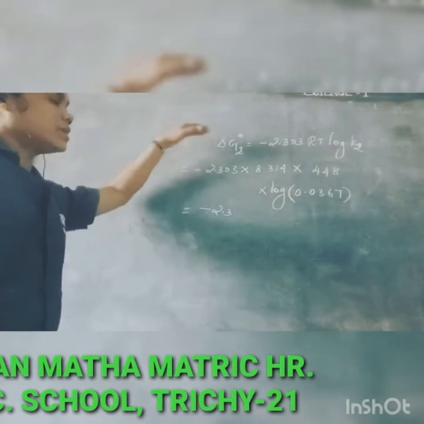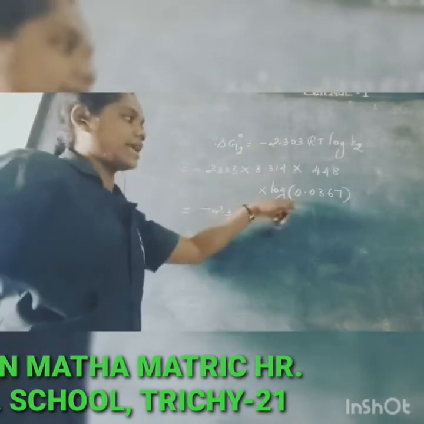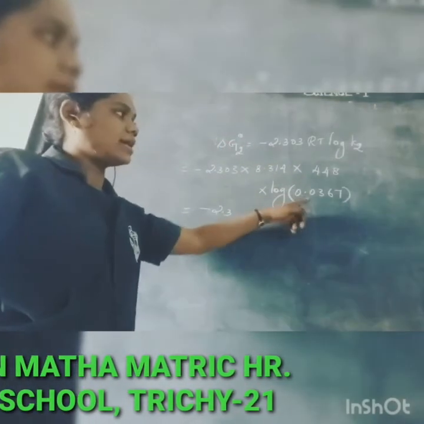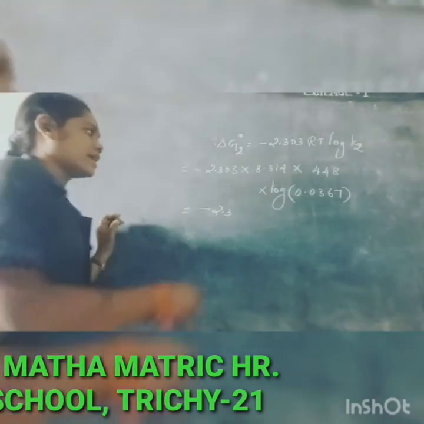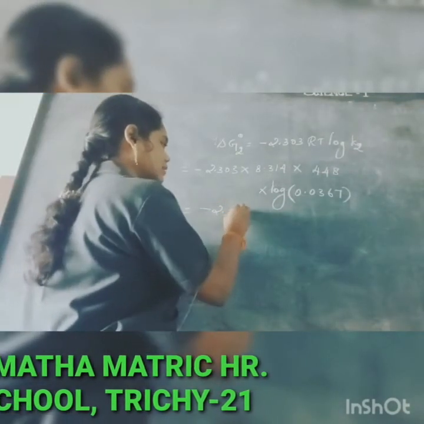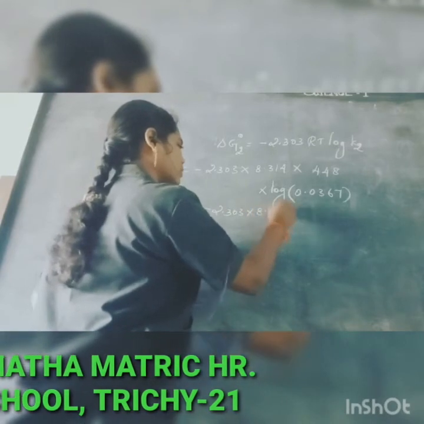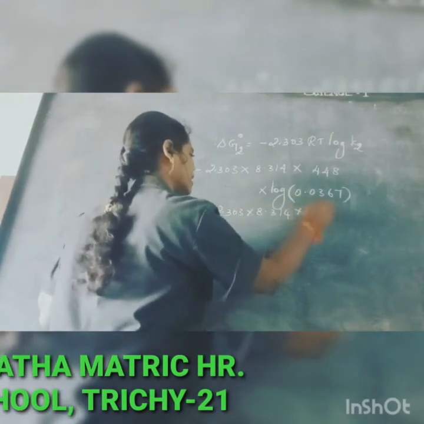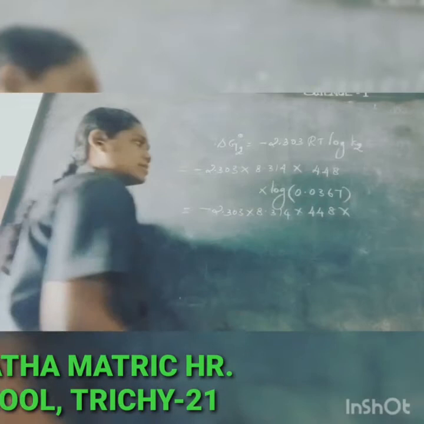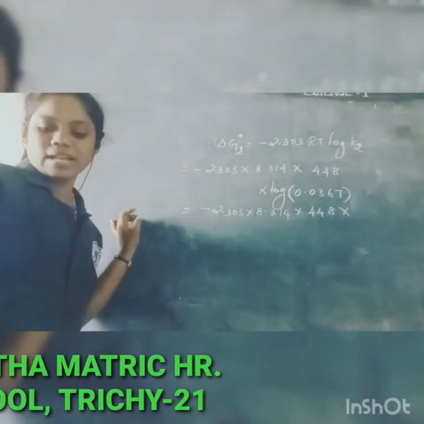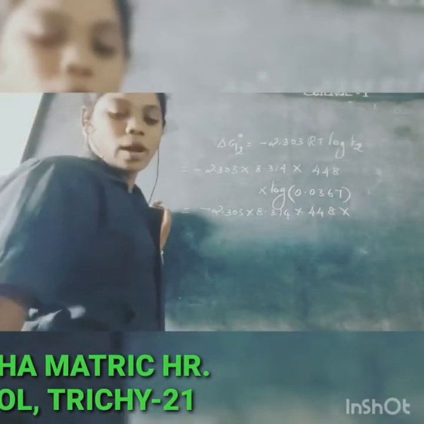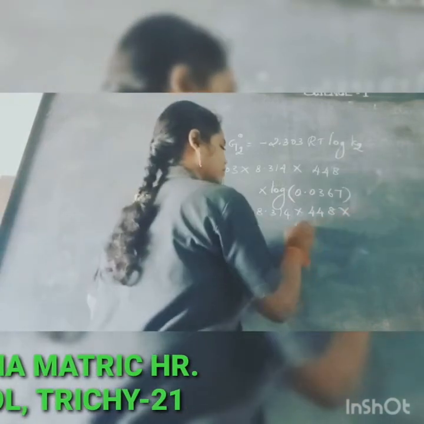And then next one, del G2. So apply this value. Here log K2 value, that is 0.0367. So again minus 2.303 into 8.314 into 448 into log 0.0367, whose value is minus 1.435.